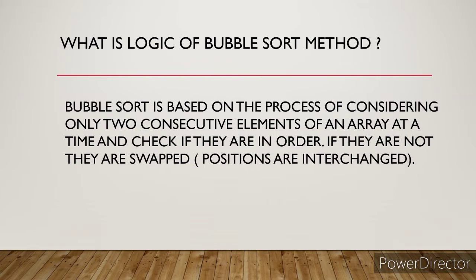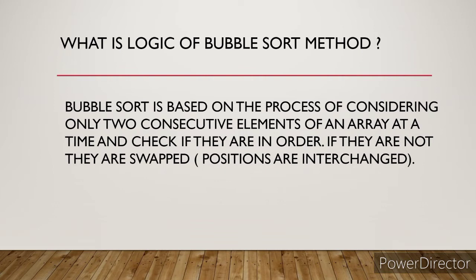Now, what is the logic of bubble sort method? Bubble sort is based on the process of considering only two consecutive elements of an array at a time and checking if they are in order. If they are not, they are swapped, that is, their positions are interchanged. If the array is of size n, we consider two consecutive elements at a time, starting with the first and the second, and see if they are in order.